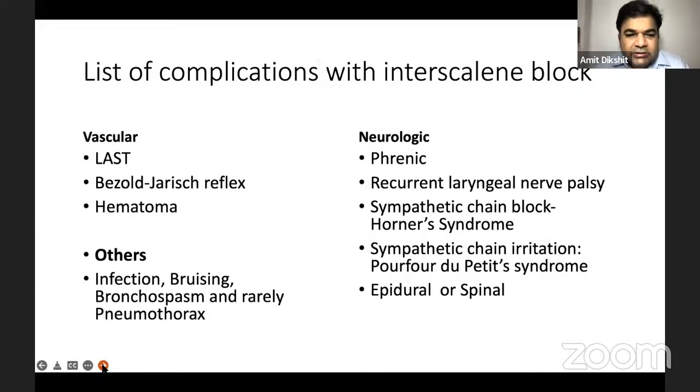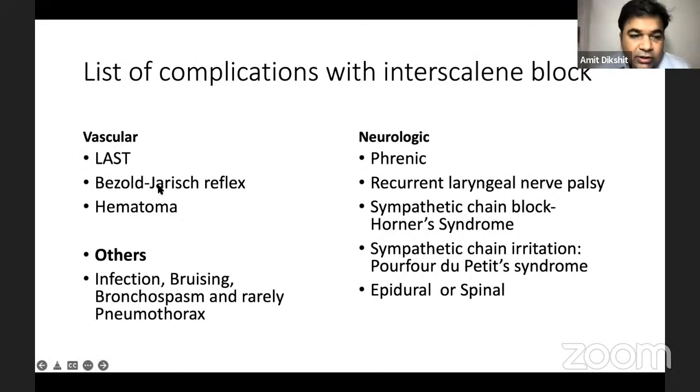So what is the list? I think most of us have seen most of these complications: phrenic nerve palsy, recurrent laryngeal nerve palsy, sympathetic chain involvement causing Horner's, and sympathetic chain irritation can cause the opposite of Horner's. Sometimes the intrathecal space is at 3.5 centimeters and the epidural space is at 2.5 centimeters.